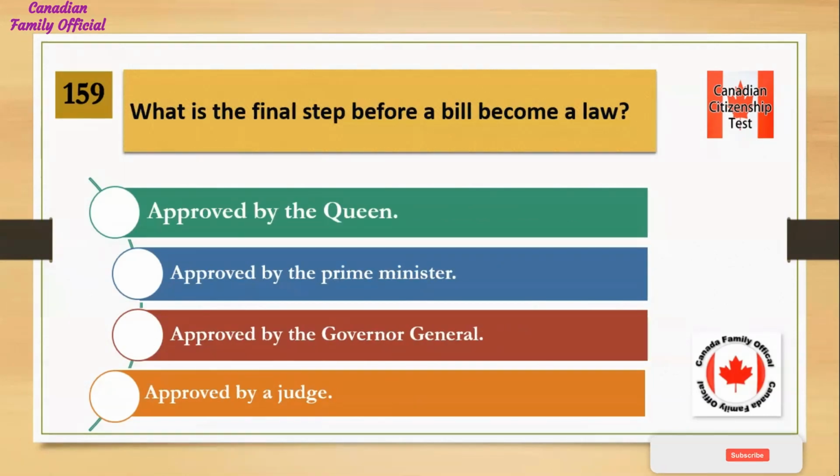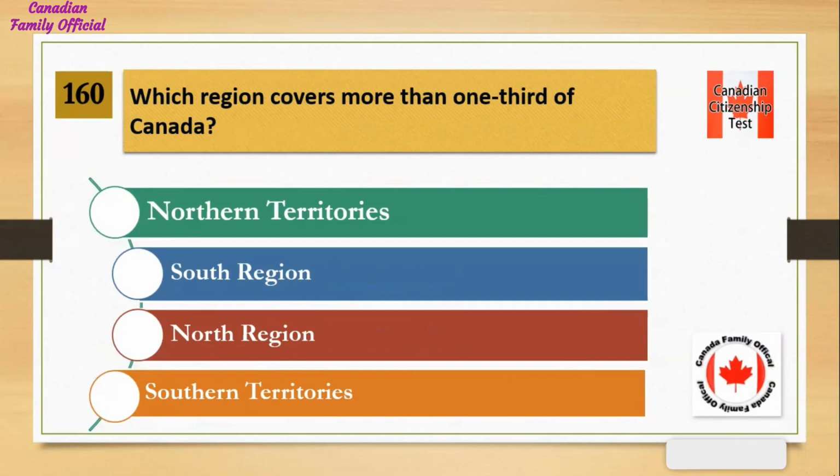What is the final step before a bill becomes a law? Number 1 approved by the Queen. Number 2 approved by the Prime Minister. Number 3 approved by the Governor General. Number 4 approved by a judge. And the answer is approved by the Governor General.